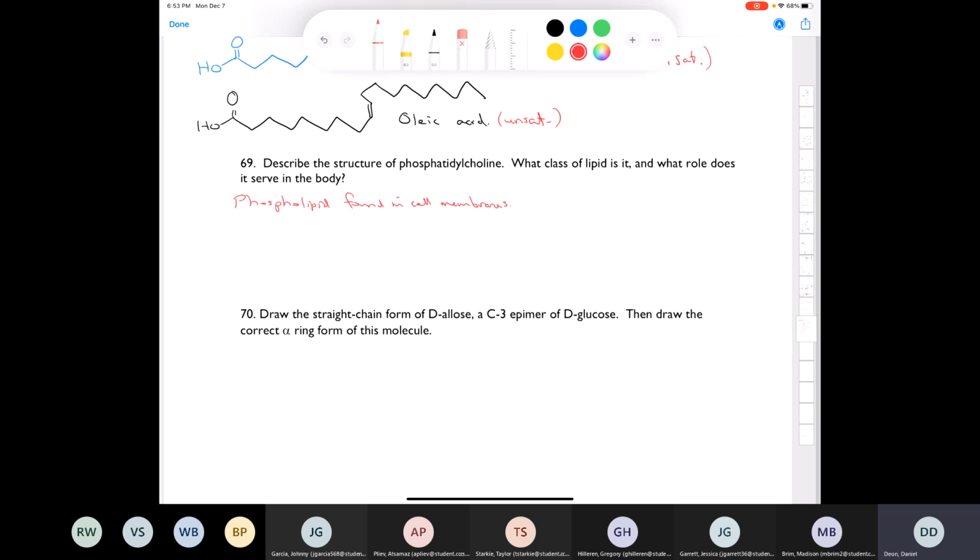And if we look at the structure of phosphatidylcholine, it looks something like this. It's got a glycerol backbone, and then we have the choline head group.